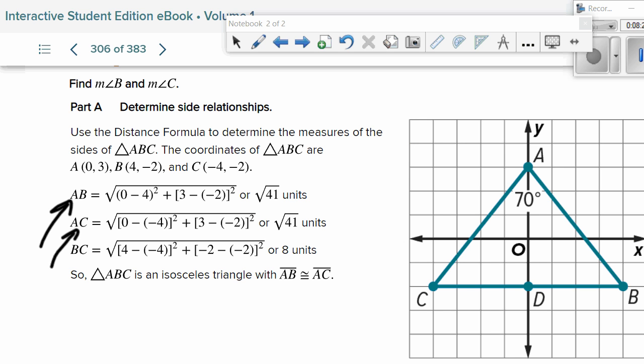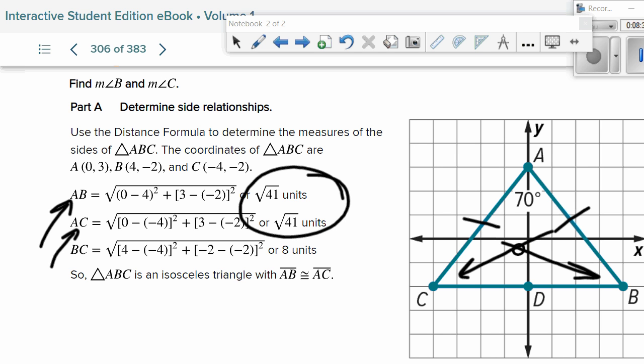If I did that, you'll see that I got the same answer. Now I can say that these sides are equal to each other. Since they are, I'm using the base angles theorem: these angles have to be equal to each other. I'm going to remember that a triangle equals 180. They're telling me this vertex angle up here is 70 degrees.